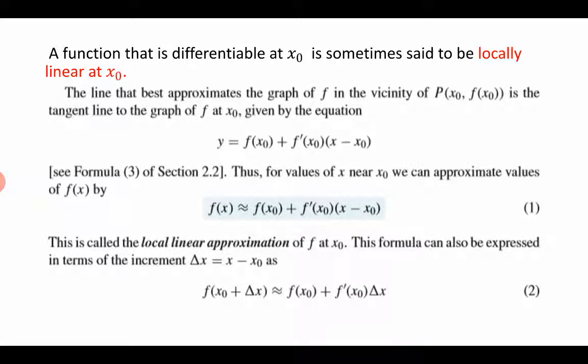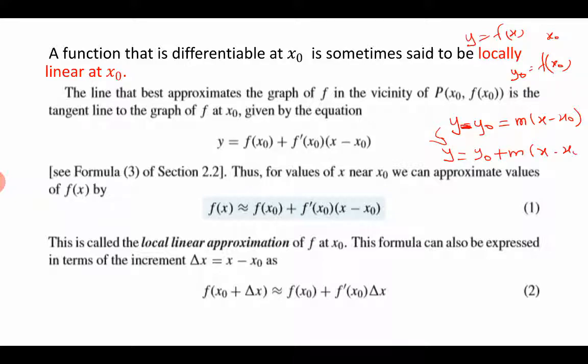Here we go. The equation of the tangent line is y minus y0 equals m times x minus x0, isn't it? And y is assumed to be f of x, and y0 at x0 is f of x0. So when you substitute, the equation becomes y equals y0 plus m times x minus x0.